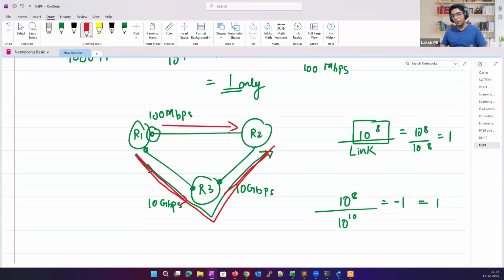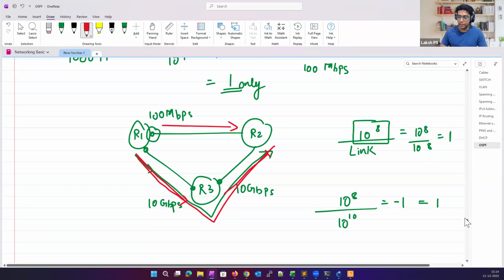But because of OSPF's cost calculation, any link with bandwidth higher than 100 Mbps will have its cost remain 1. So there you have a limitation. For links higher than 100 Mbps, OSPF is going to calculate the cost as 1 only.